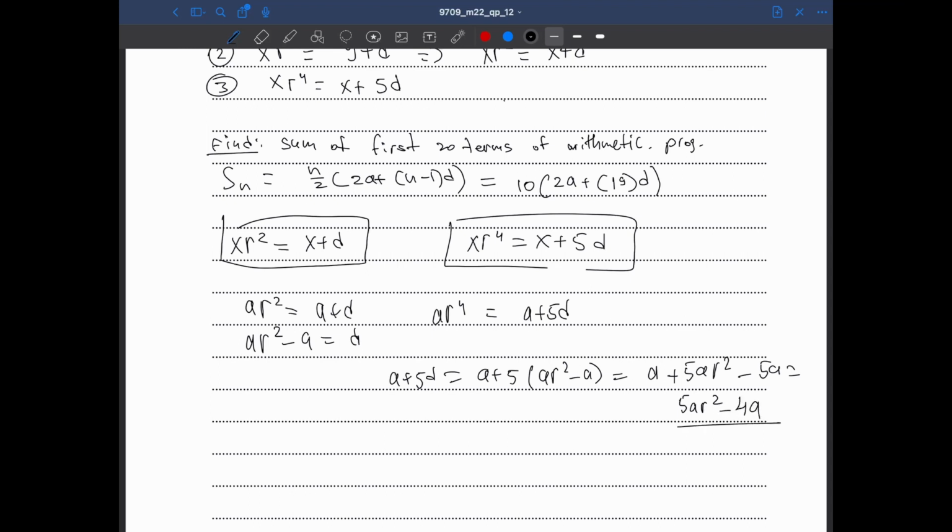And that's a plus 5d, so this is equal to ar to the power 4. So ar to the power 4 equals 5ar squared minus 4a. Now we can divide by a and see if that helps us.